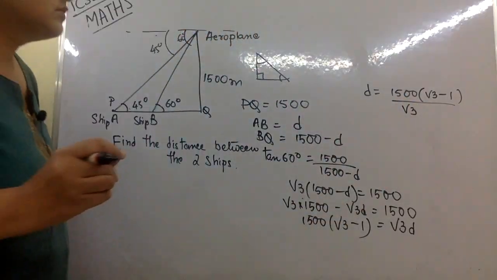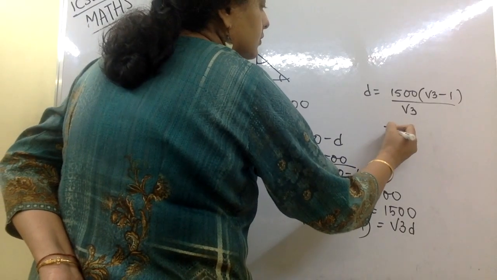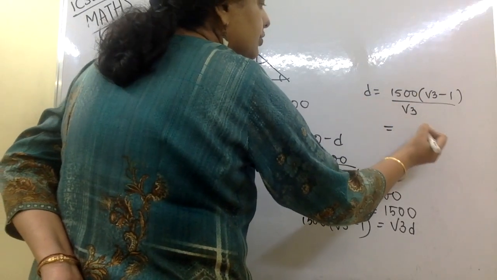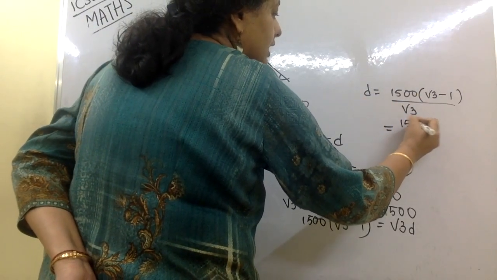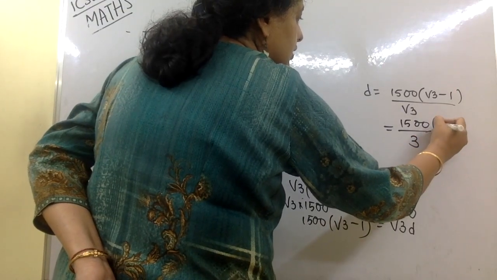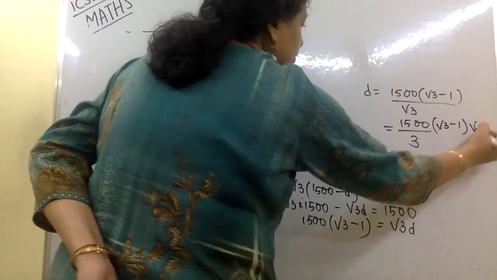What we will do here is multiply with root 3 above and below, so that makes it 1500 by 3, and here it is (root 3 minus 1) into root 3.